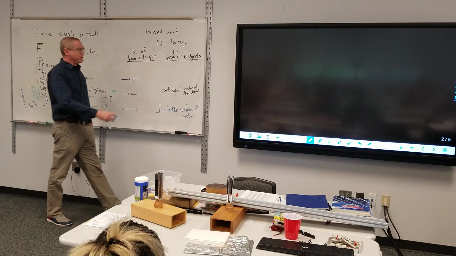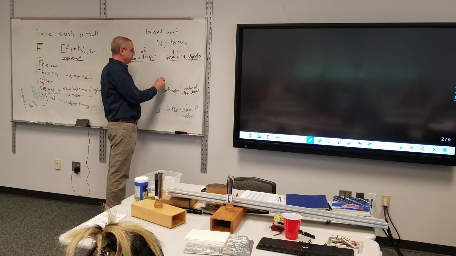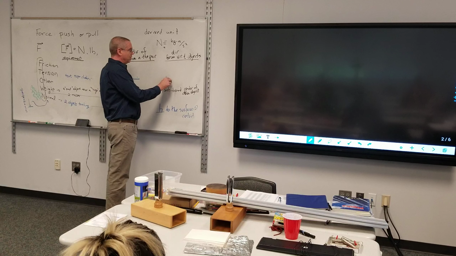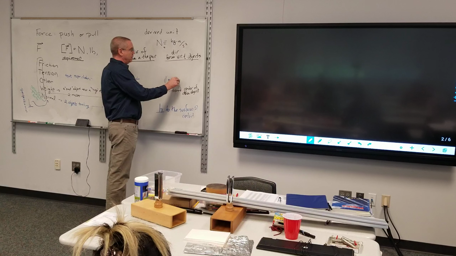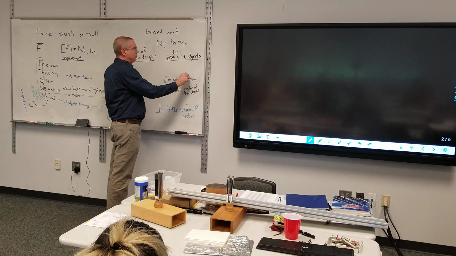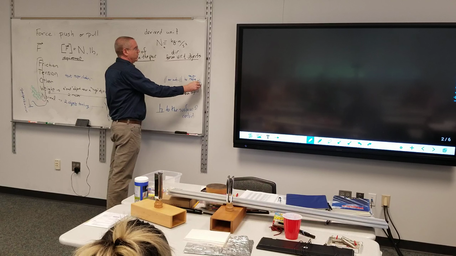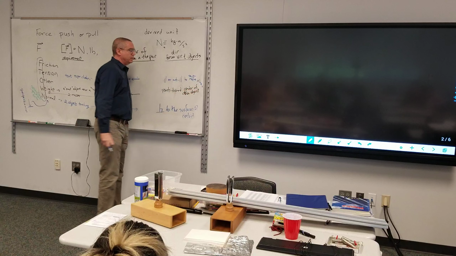And the direction with respect to the object, with respect to the rope or chain or whatever you're using, is that it is parallel or anti-parallel to the rope, chain, whatever.